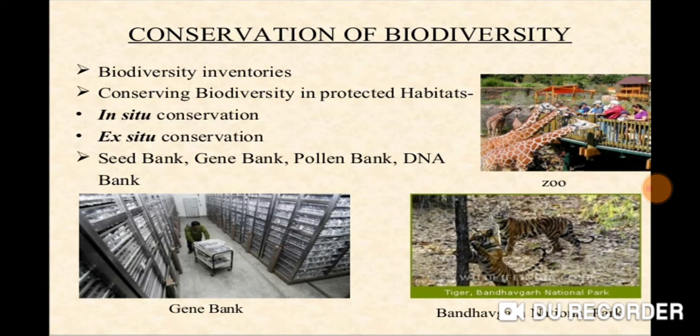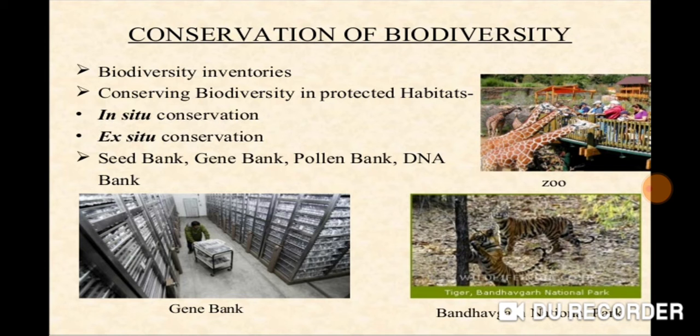We should take samples and save the genes and the DNA and the seeds of certain species in a proper bank, in a proper storage house that should be located away from the main city, and at a government scale, in order to protect that species so that it cannot go extinct.